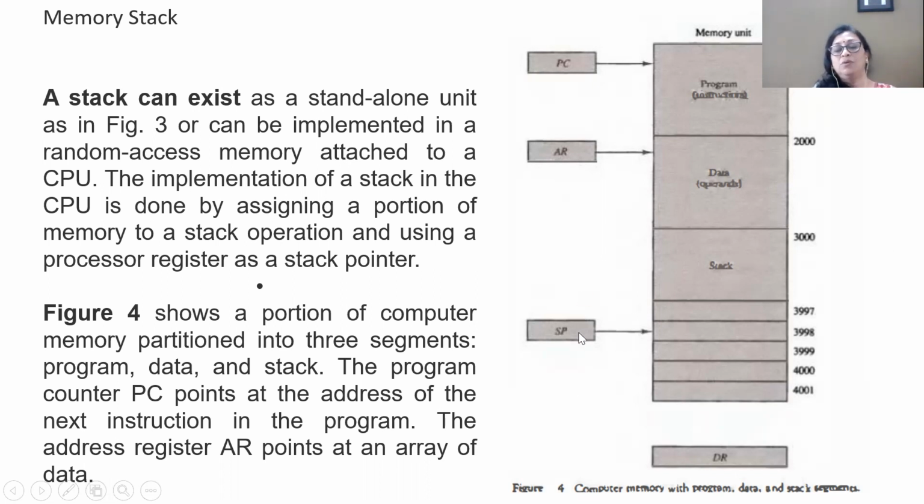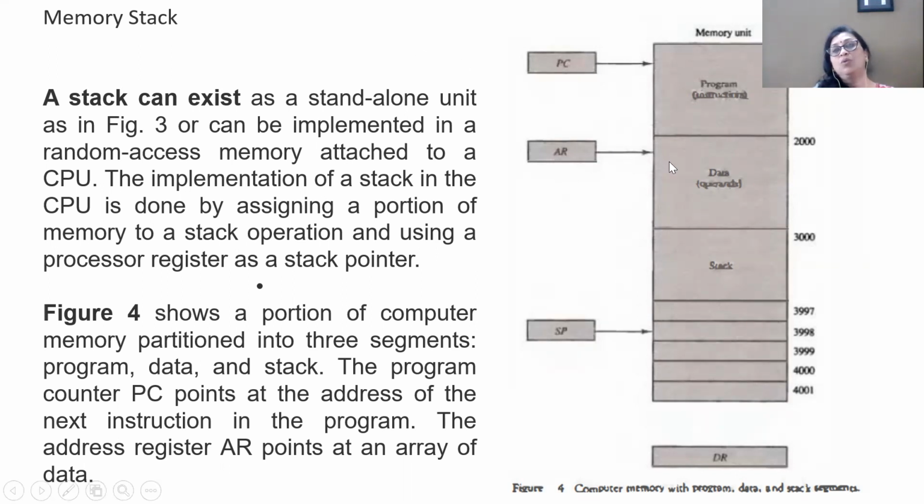This stack is pointed to with the help of a register called the stack pointer. Data is pointed to with a pointer called the address register, and the program segment of the memory unit is pointed to with a register called the program counter. So the program counter indicates which next instruction is to be executed.